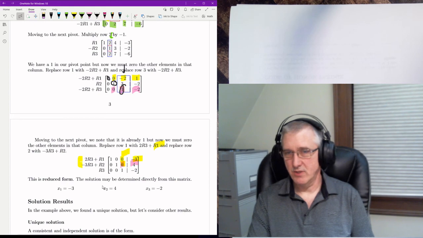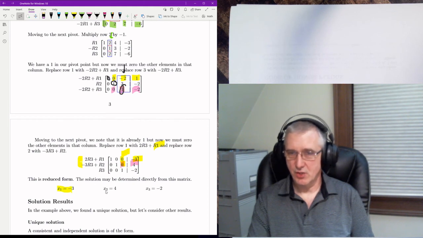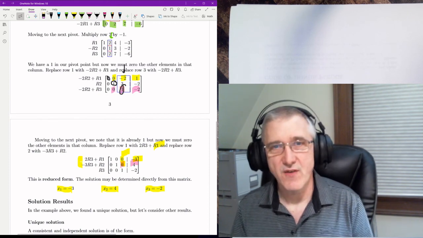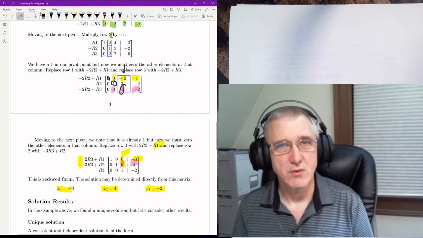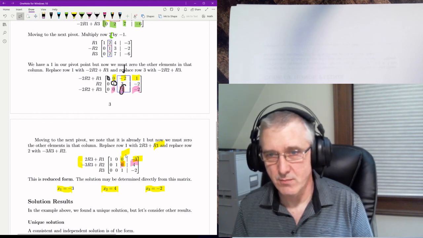Let's start at the top. X1 equals minus 3. X2 equals 4. And X3 equals minus 2. Where am I getting these values? I'm getting these values directly from here. I'm going to erase these points here so it's a little bit easier to see.